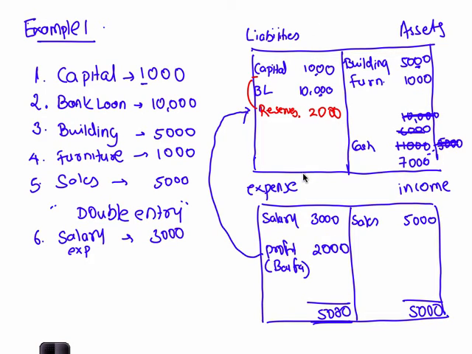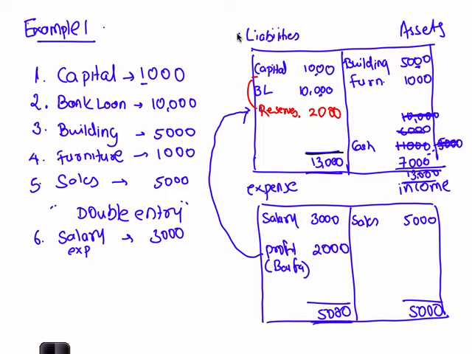And now you take a total on both the sides. So here total is 13,000. Here total is 6 and 7, 13,000. And then your balance sheet will tally. Are we okay here? Now just wait for a minute.